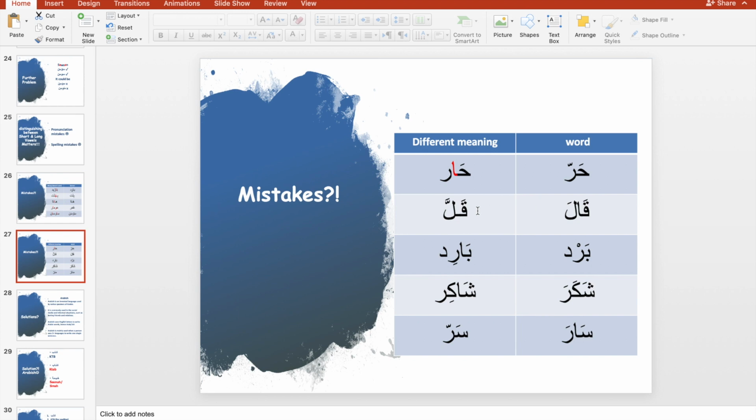Qalla, qalla, to decrease. Bard, bard, coldness. Barid, barid, cold. Shakara, shakara, to thank someone. Shakir, shakir, could be a name. Sara, sara, to walk. Sarra, sarra, to please someone.